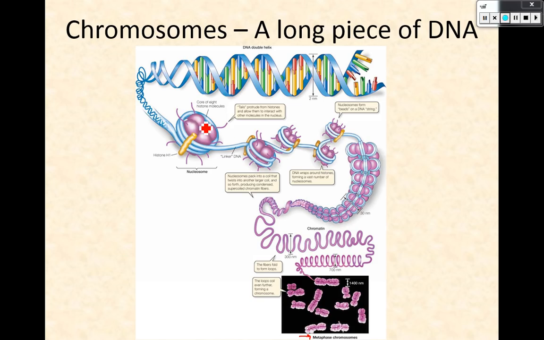And then each set of 8 histones with DNA wound around it is called a nucleosome. The nucleosomes then are coiled together to produce an even tighter coil. So imagine you're coiling up a string and then you coil the coils. And that's what chromatin is.